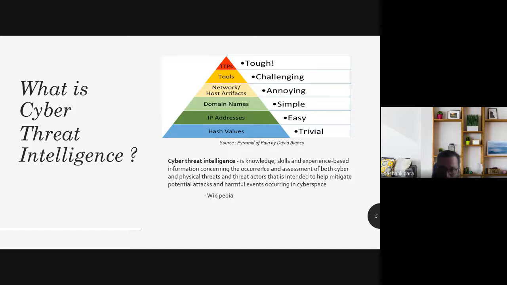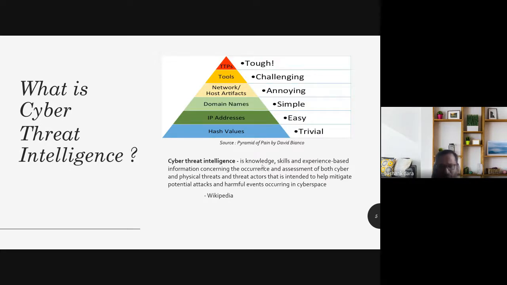It could be network or host artifacts, PCAP files, and tools, techniques and procedures. The collection of all this information, the skills and processes to collect it, is related to cyber threat intelligence. It's a closely related field to risk intelligence, but not exactly the same.